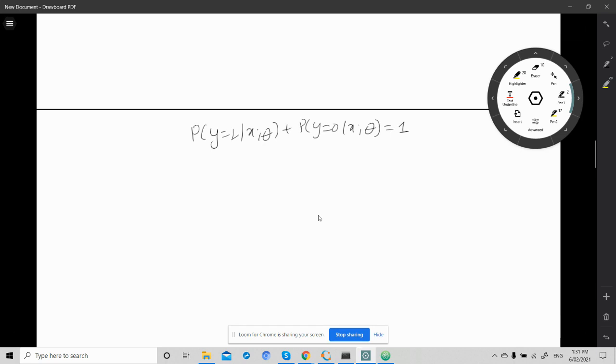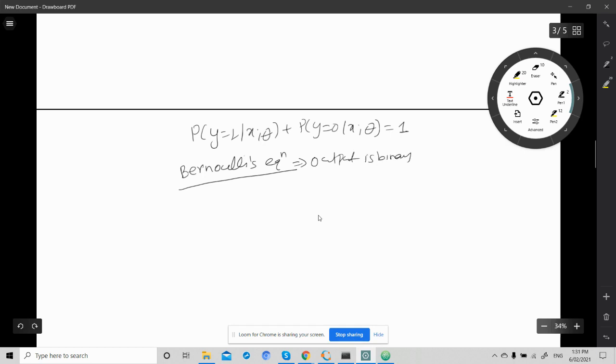So one thing we need to note is that logistic regression follows Bernoulli's equation. So Bernoulli's equation also works the same as logistic regression, where our output is binary.